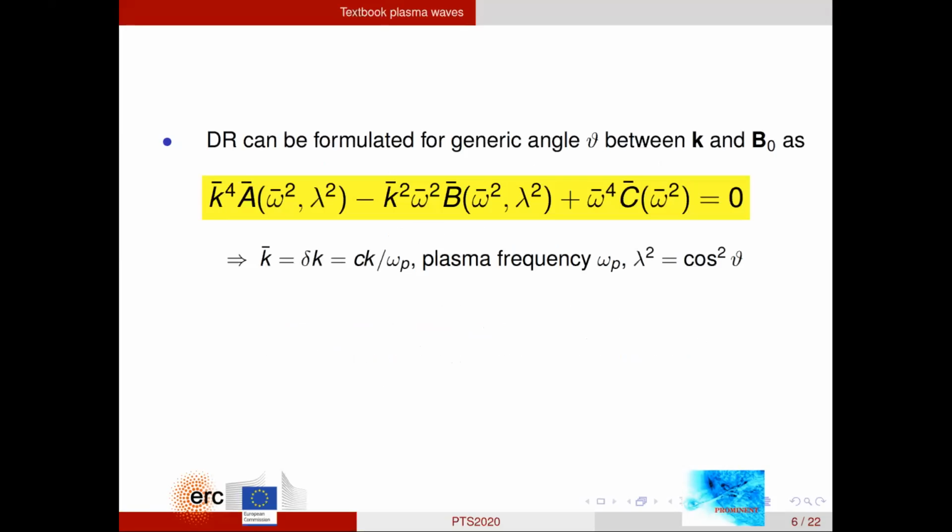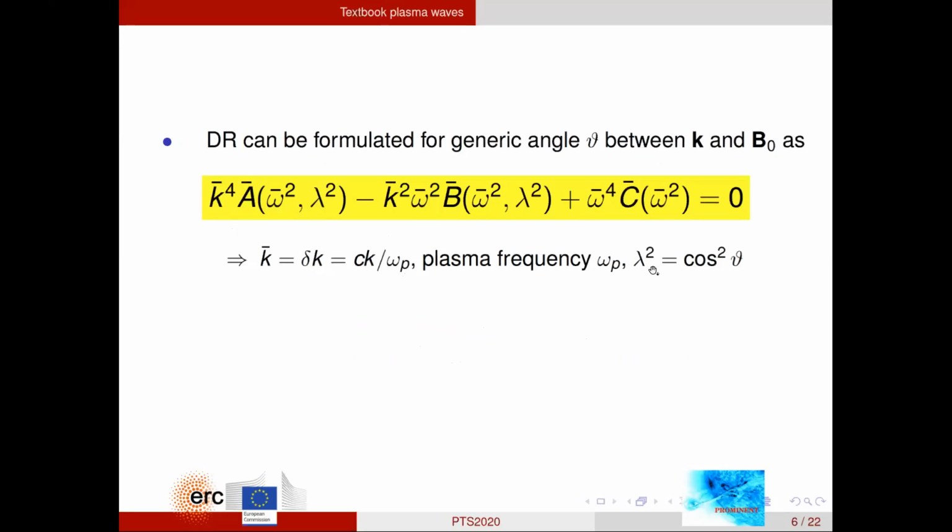The final result is that the determinant of that 3x3 matrix can be written in this form, where I now normalize my wave numbers with the skin depth, delta, which is light speed divided by the plasma frequency. I also normalize my frequencies to the plasma frequency.